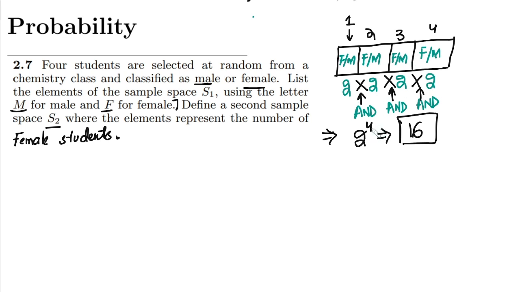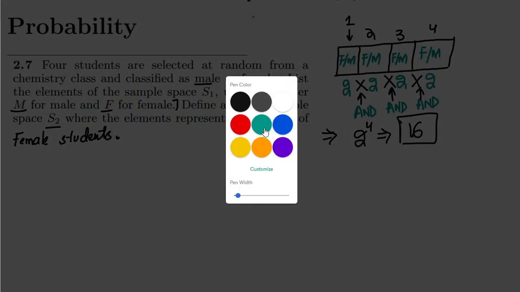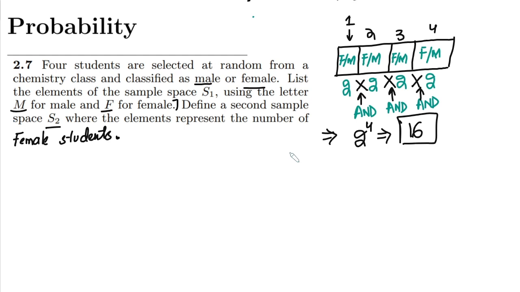So what would be those combinations? Let me start writing them here, and let me represent male with this orange color and female with this blue color. In the first slot, all the elements would be male: male, male, male, and male.